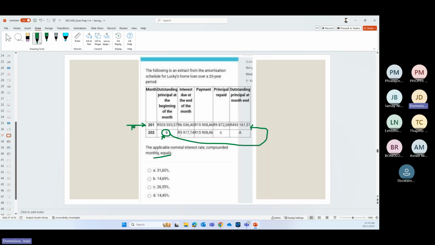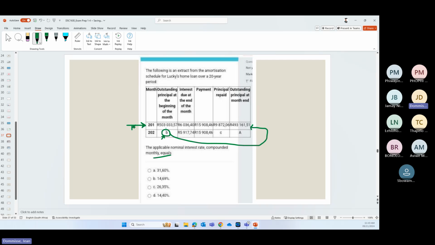We might even be able to work it out on the second one, so it should be the same. But let's work it out on the information that they actually give us. So we will work with row 201.